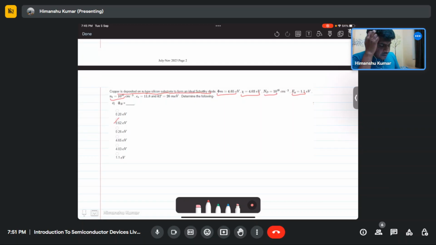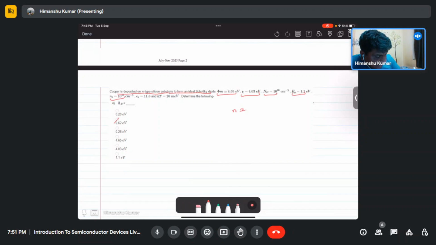So let's calculate from Nd and Ni. N is the donor-type concentration.